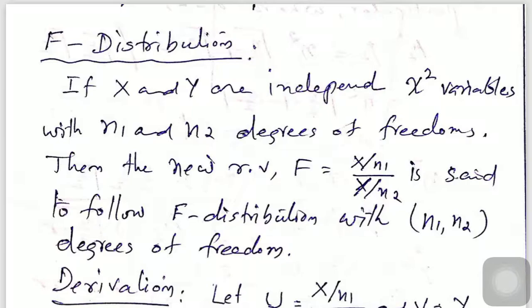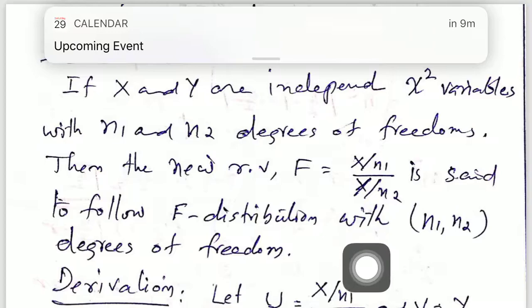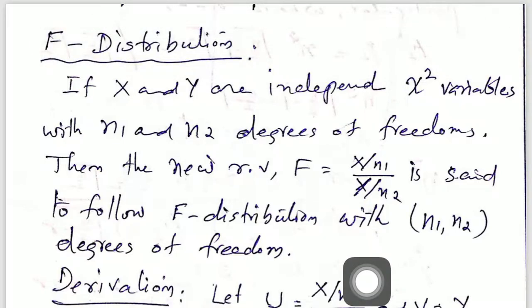If x and y are independent chi-square variables with degrees of freedom n1 and n2, then the random variable f, which is equal to (x/n1)/(y/n2), is said to follow F distribution with n1, n2 degrees of freedom.